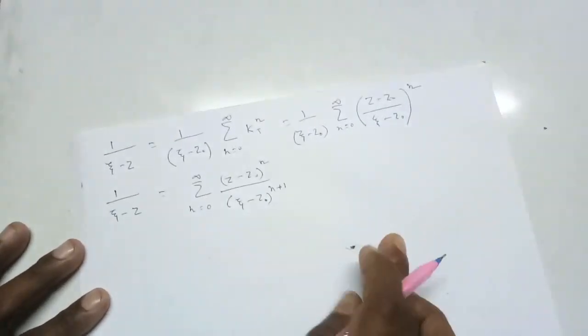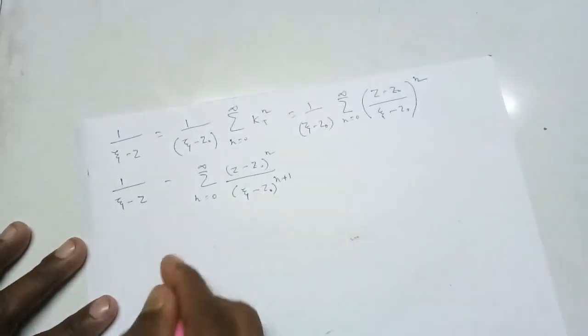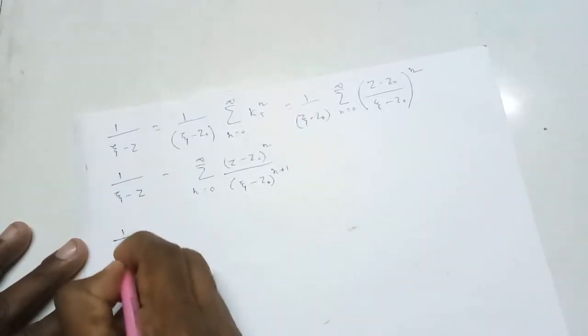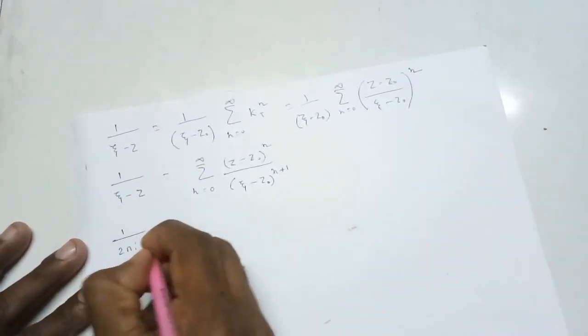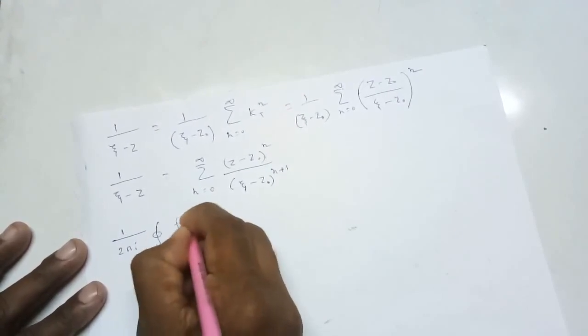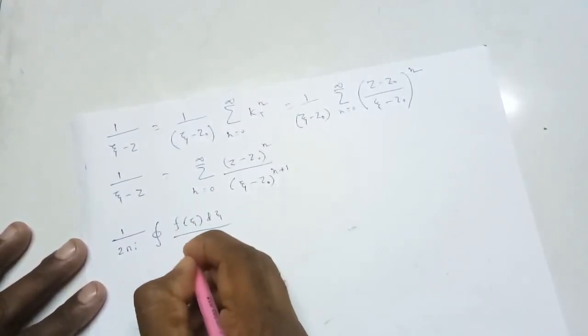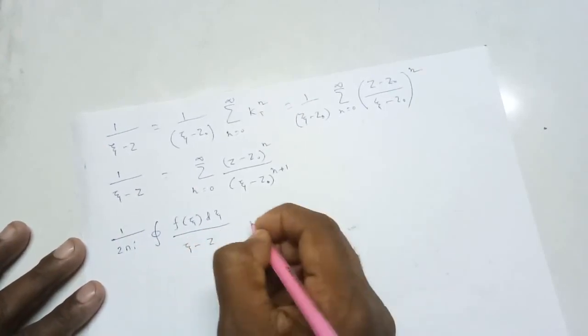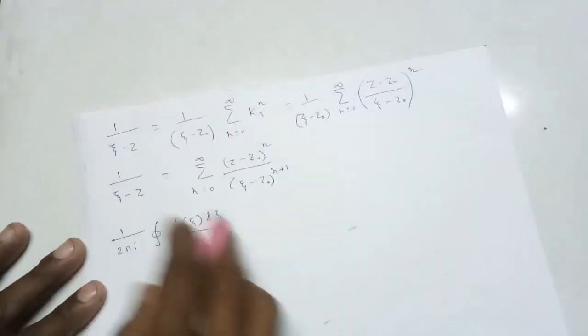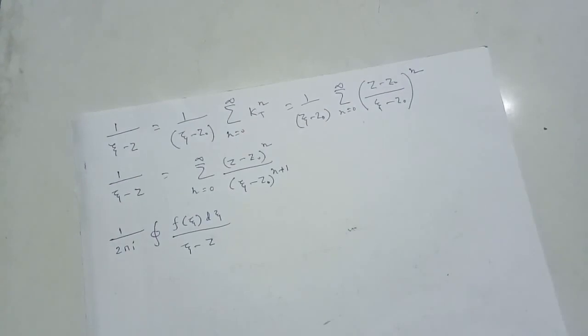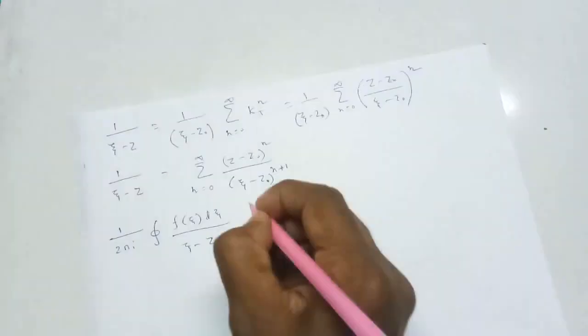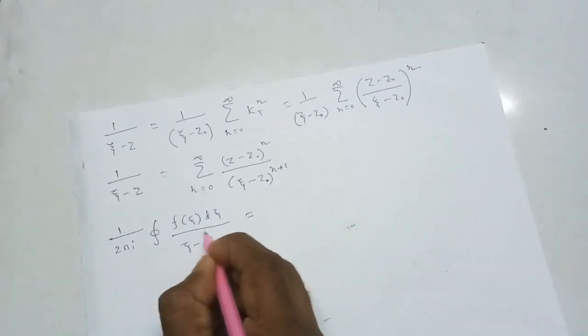Now we will come back to Cauchy's formula, which is given by 1 by 2 pi i integral of f of xi d xi divided by xi minus z.